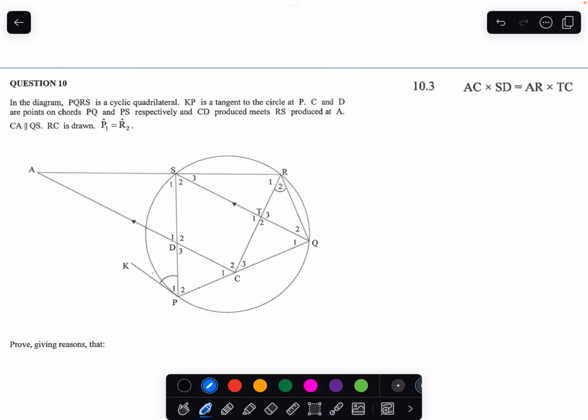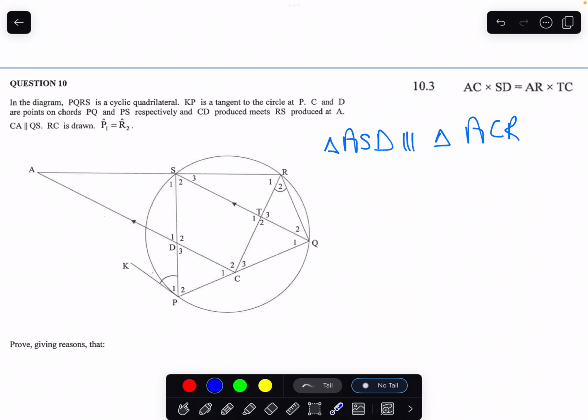So at this point, we didn't prove this for our last question, we should have, but we know that triangle ASD is similar to triangle ACR, right? Because this angle is equal.